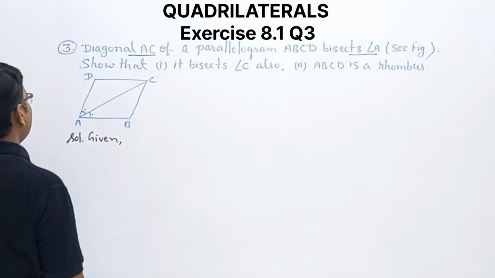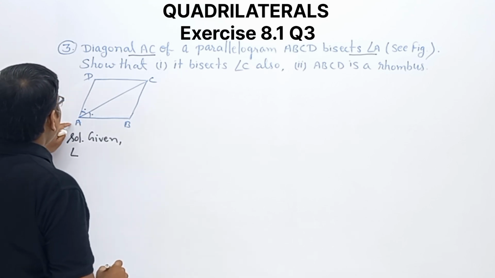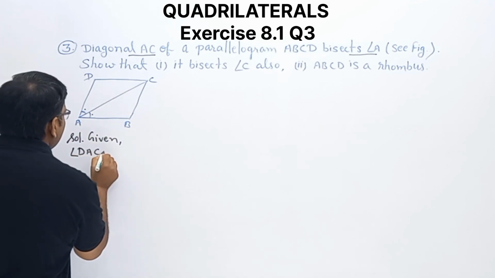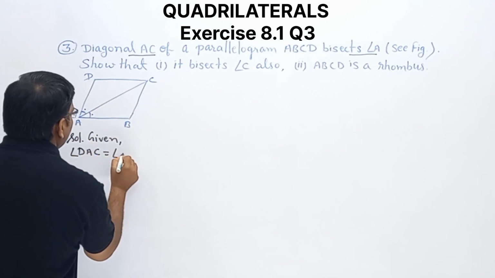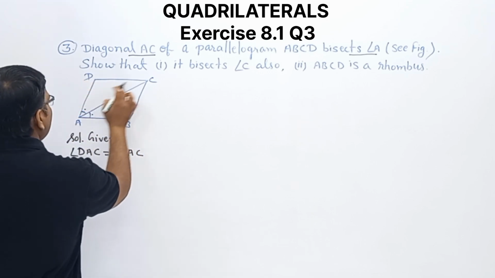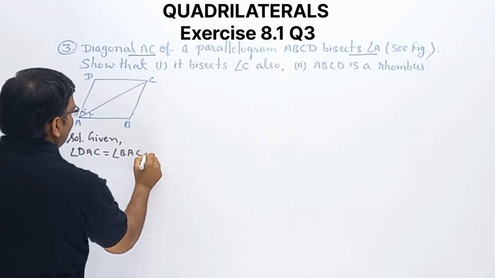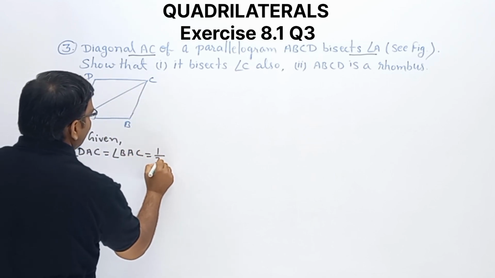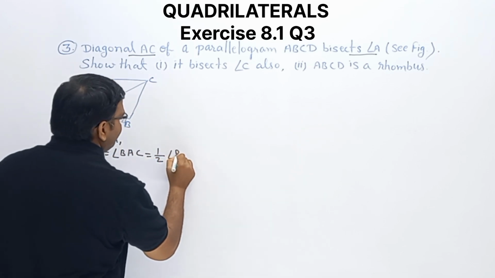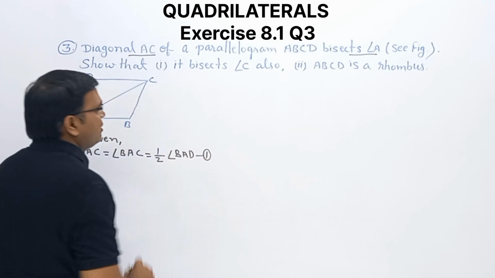So we can say angle DAC equal to angle BAC equal to half of angle BAD, and I am putting this as equation number 1.